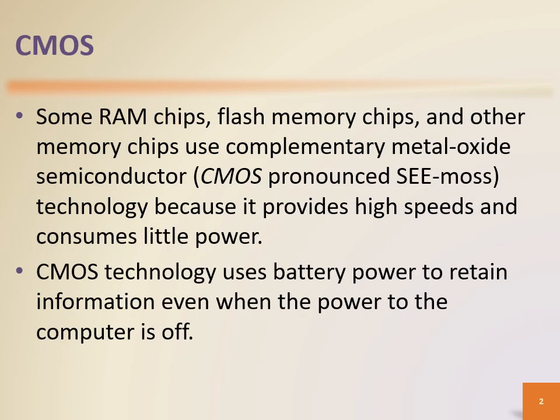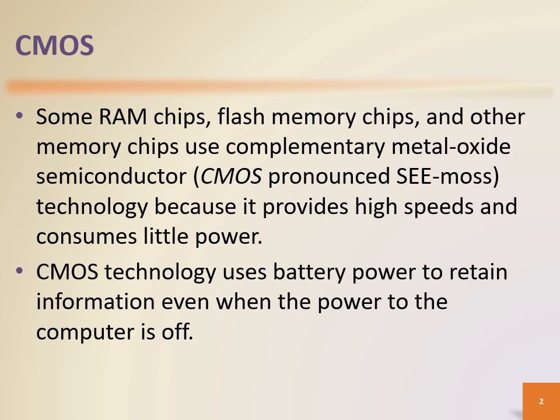So this CMOS is the battery backed memory chip. This CMOS technology uses battery power to retain information. Some RAM chips, flash memory chips, and other memory chips use this CMOS, which stands for complementary metal oxide semiconductor technology, because it provides high speed and it consumes very little power.